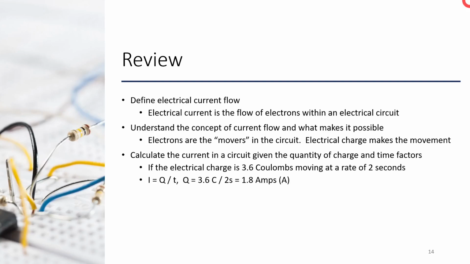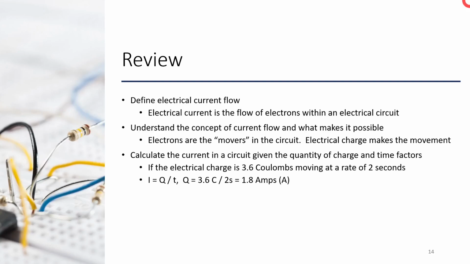Okay, our formula is for current. Remember, I represents current, Q represents our electrical charge, and T is our time, in this case in seconds. So our given for Q would be 3.6 coulombs, because coulombs is a unit of charge, and Q is our measurement of charge.